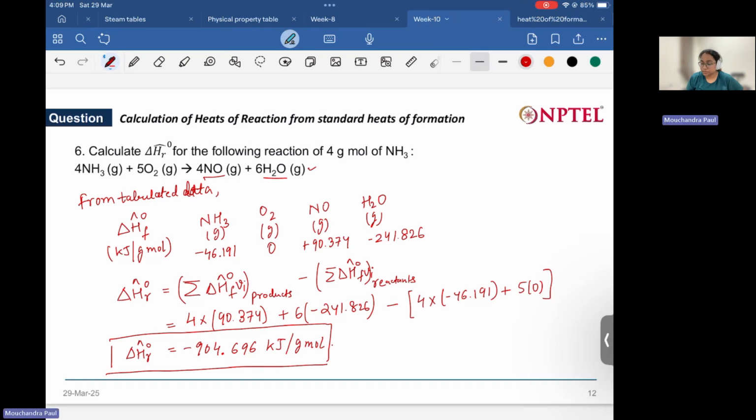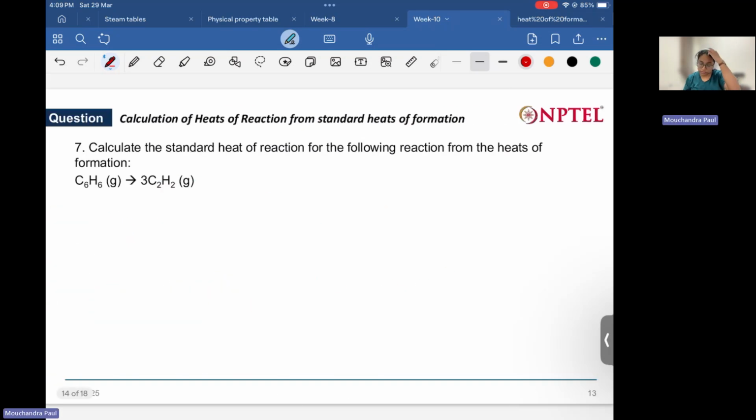Okay. Now moving on. We have to calculate the standard heat of reaction for the following reaction from the heats of formation. We have to use a similar table in order to calculate it. So this is the table that we have.